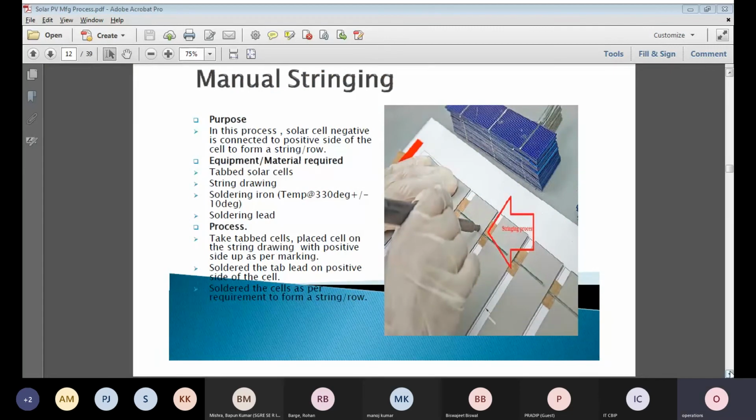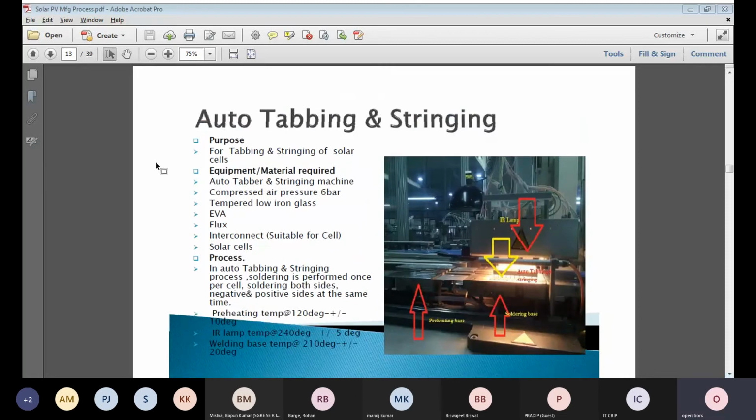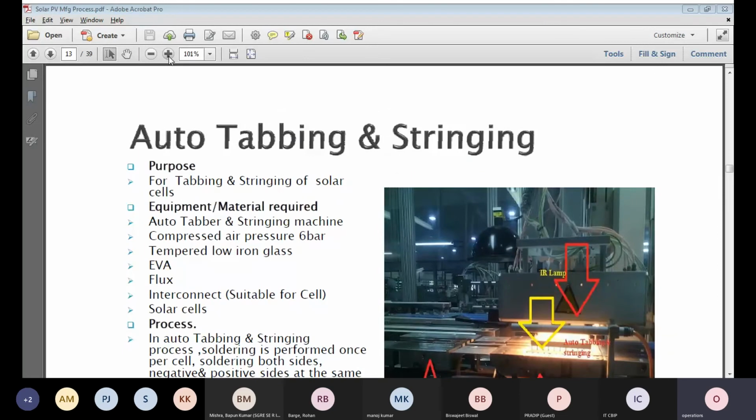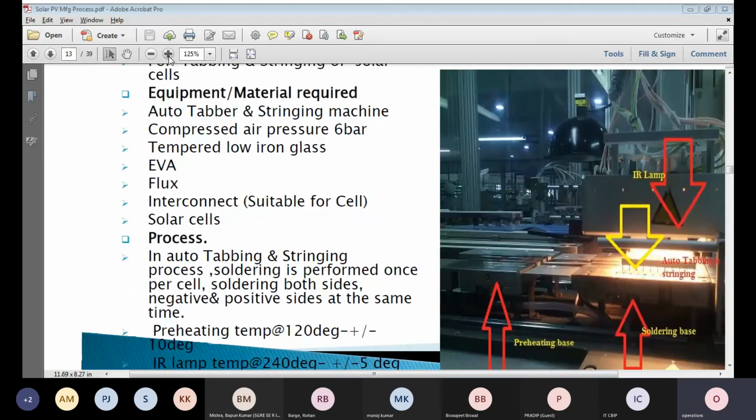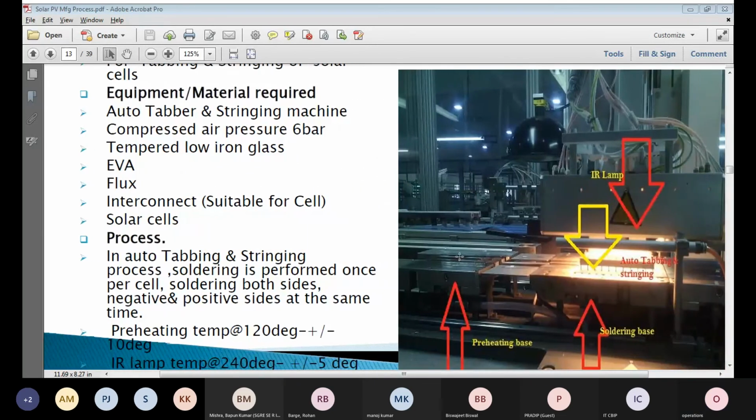So this is called the stringing process. Nowadays automation is coming, auto tabbing stringing, so both processes happen in one place. We need to load the cells and copper. There is automatic IR lamp technology, induction technology, many technologies for soldering.